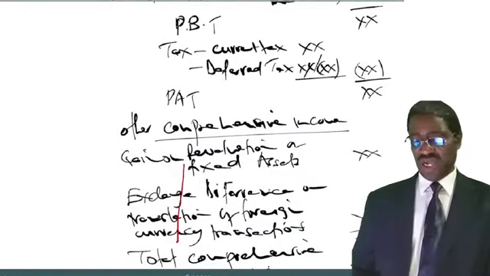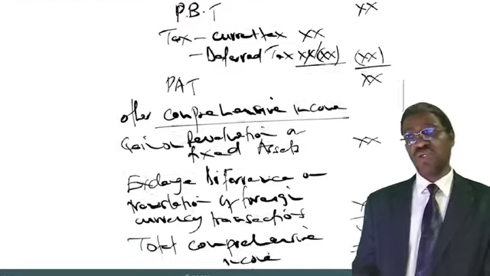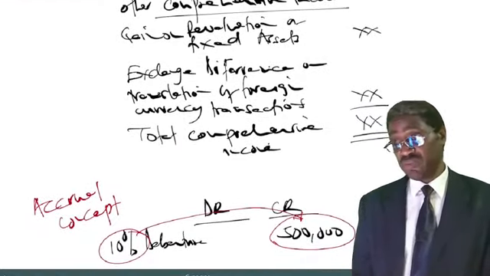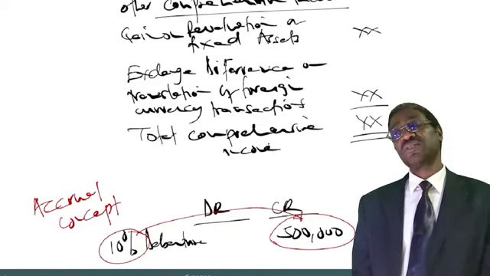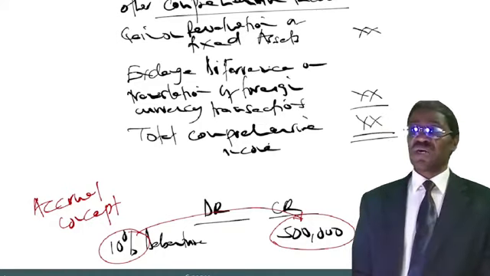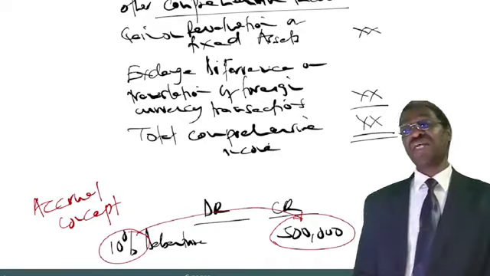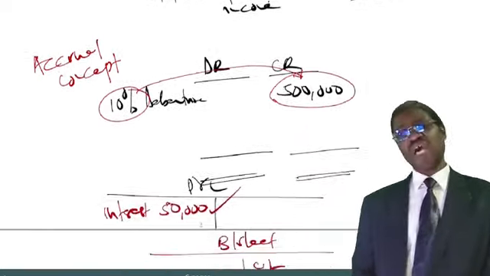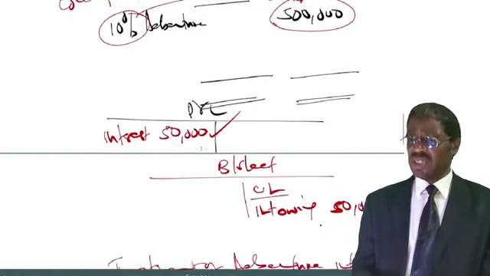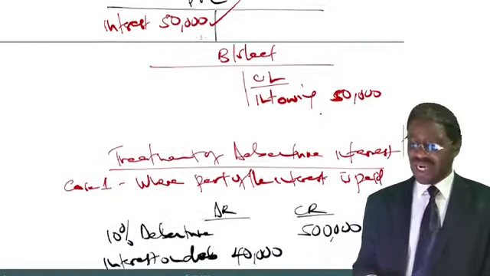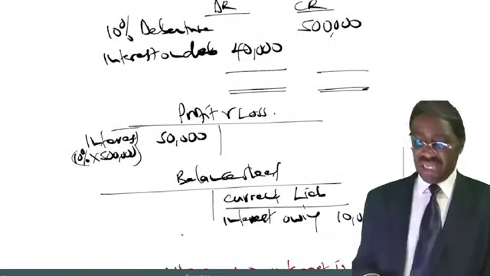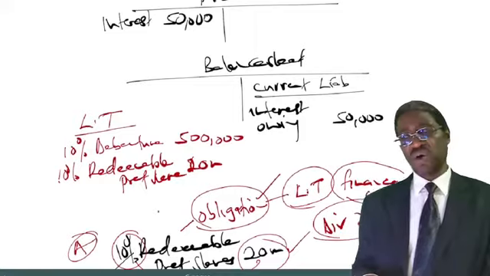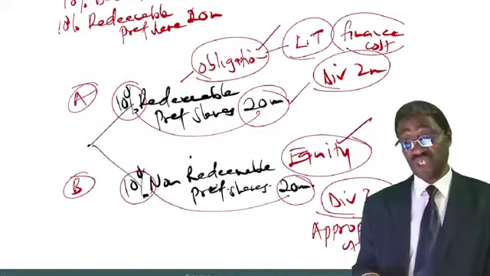With that introduction of how to prepare a statement of comprehensive income, a statement of profit or loss and other comprehensive incomes, good. Today I just wanted to introduce that. Next time, I'll give the summary notes on this subheading of preference dividends and preference shares.